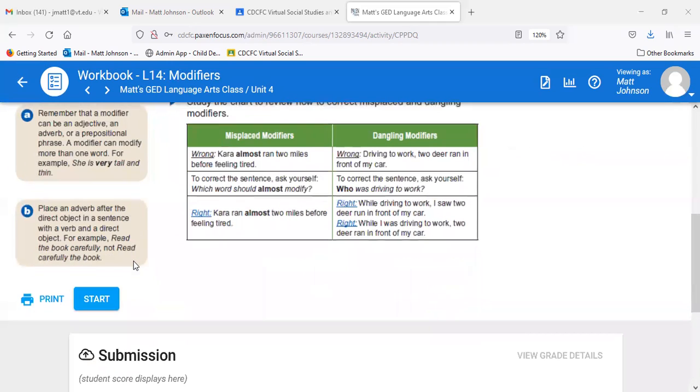And then place an adverb after the direct object in a sentence with a verb and a direct object. For example, read the book carefully, not read carefully the book. You can see the difference there, which one is clearer, and what word the modifier is directed at.